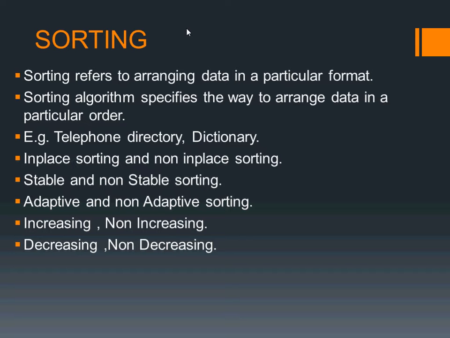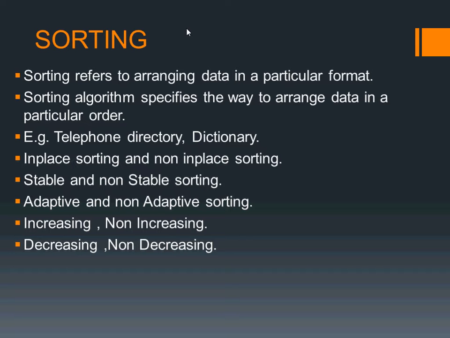Stable algorithm means the sequence doesn't change. If the sequence changes, it is called non-stable sorting. For example, 1 2 3 3 4 5 6. In a stable algorithm, the first three will be placed first and the second three will be placed second.